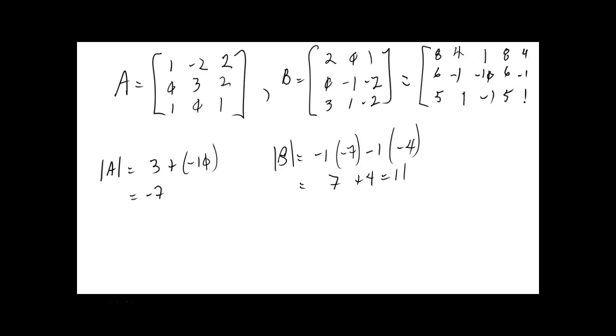Now let's do our expansion. So what we're doing now is the determinant of AB. Do your down diagonals first. What would the first one be? You're multiplying the down diagonal. 8.